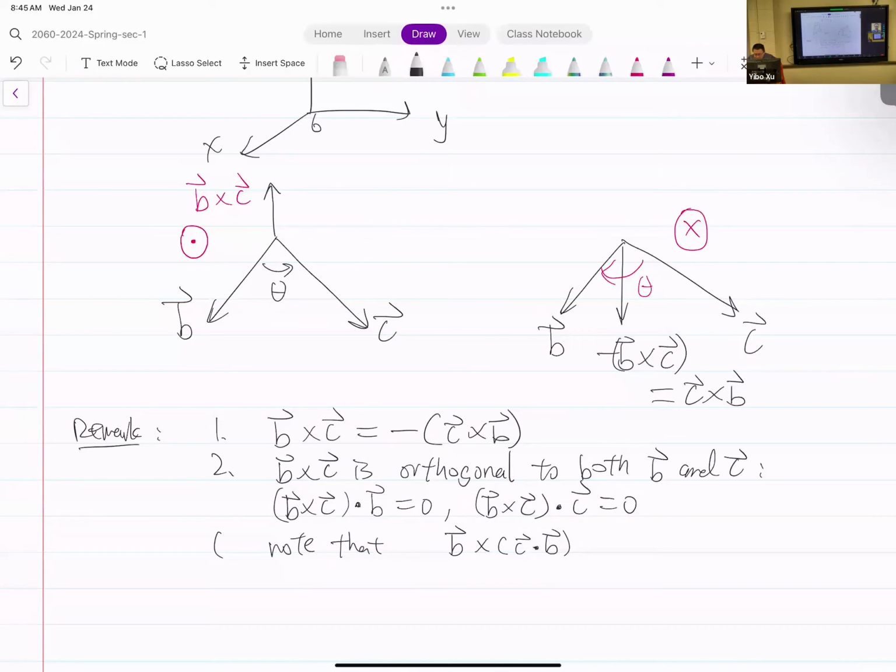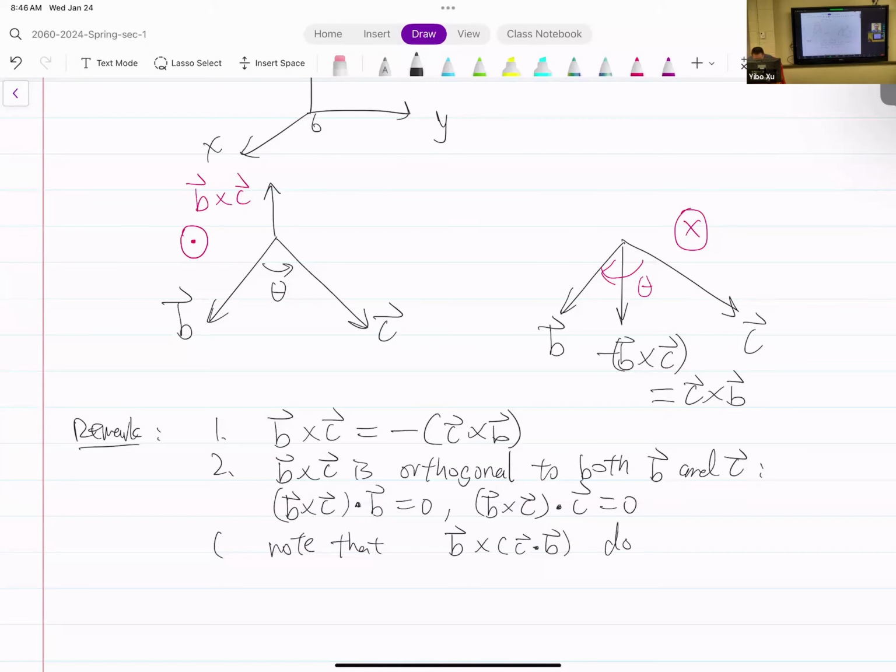That would be the vector B crossing the inner product of C and B. So C dot B, is it going to give you a vector or a number? It's a number, right? So is it reasonable to cross a number with a vector B? Not within our definition, right?